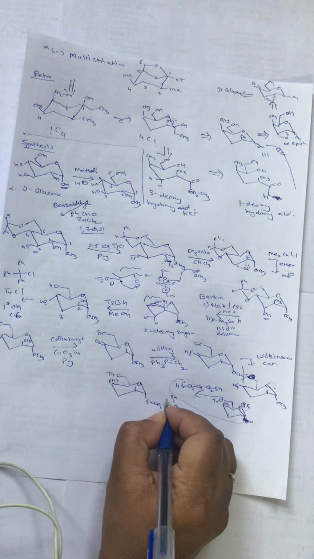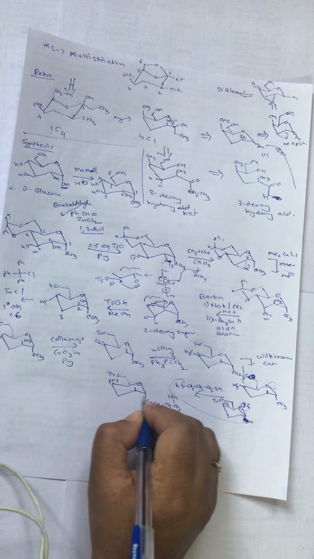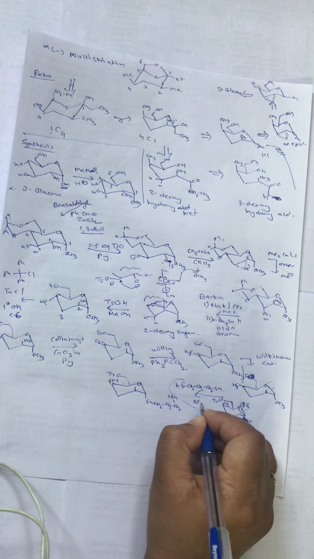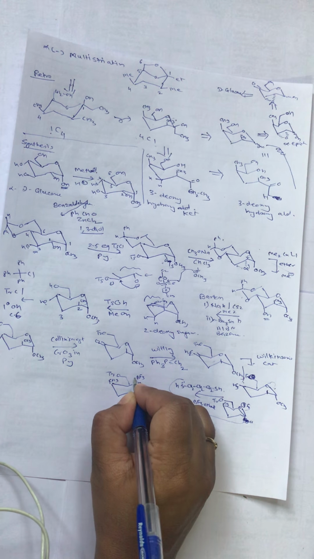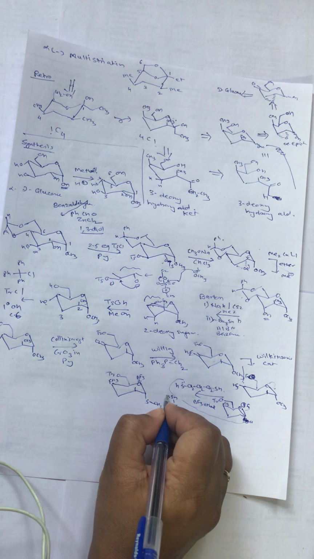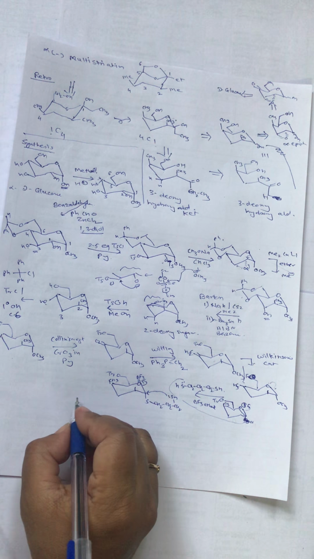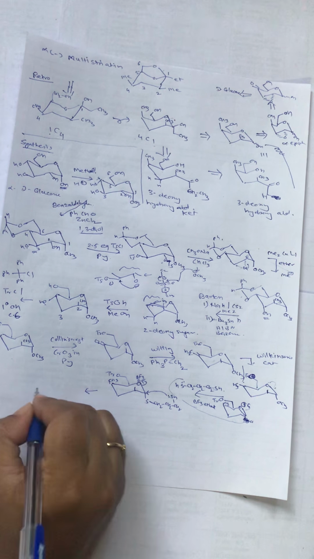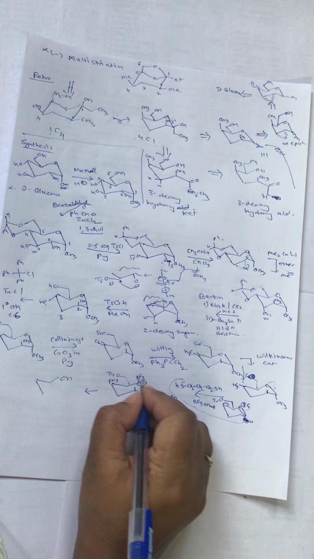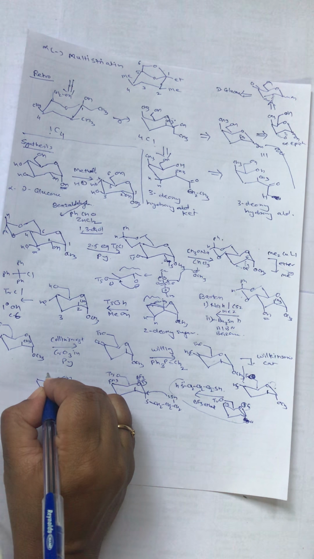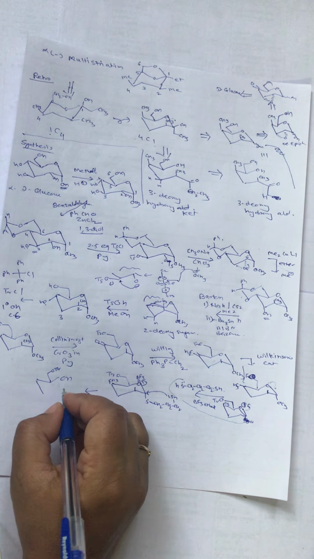So now what is going to happen is, another lone pair will attack in presence of the BF3 etherate. So BF3 will come here with this, and this will attack on this carbon again, and this will open up. Fine. So eventually, let's see what we get. This will become OH, BF3, and then OH, and we have the OTR there as it is.